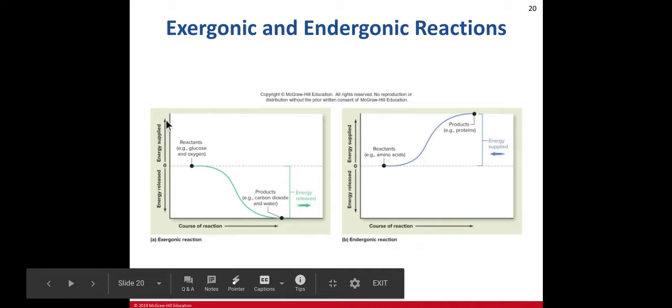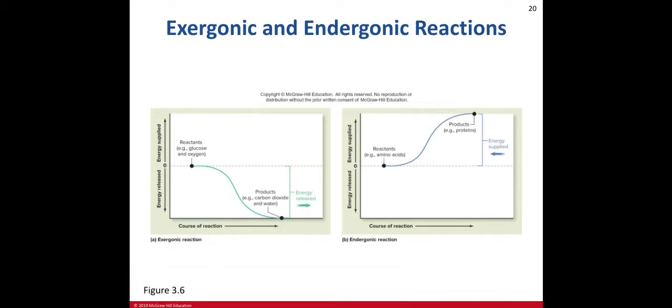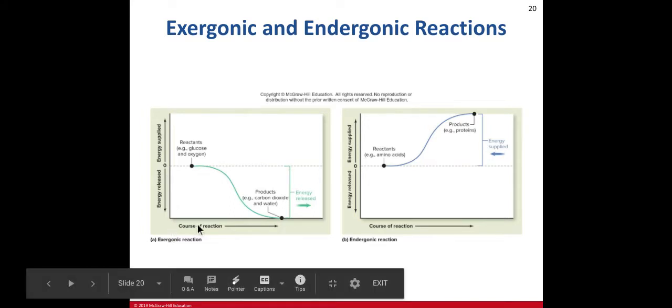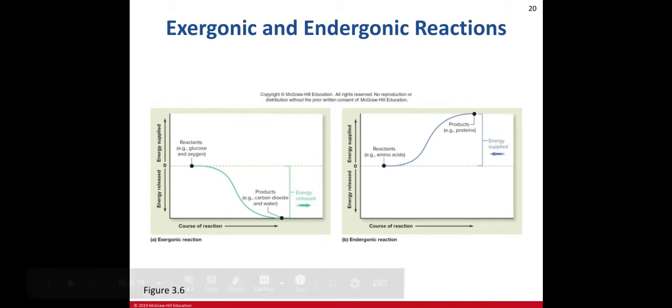Do we supply the energy to make it happen, or do we release energy as it happens? We're going to start at 0 because our reactants are our starting place. And then as the reaction happens, that's on the x-axis, we are going to be releasing energy because our reactants have more than what we end with.